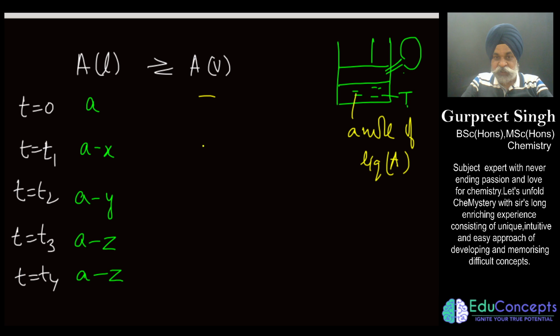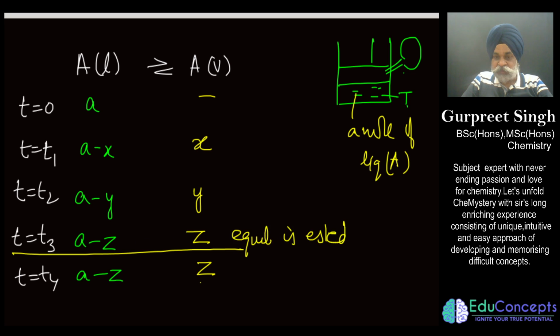After time T1 you would see X moles of vapors, and after some more time A becomes A minus Y, giving Y moles of A vapors, and then Z. After time interval T3, you would see that these Z moles of vapors are not changing. So we say the equilibrium is established, because you can see a constancy in the number of moles.